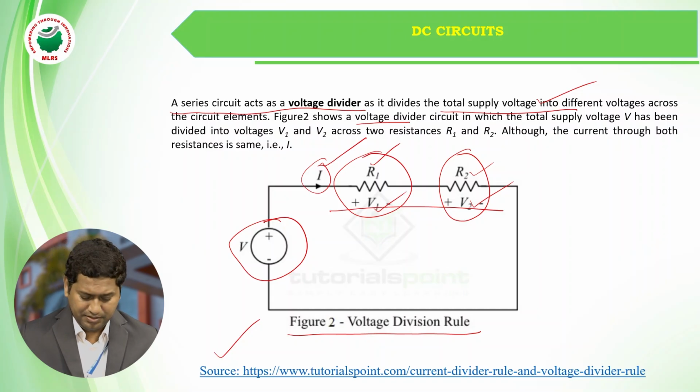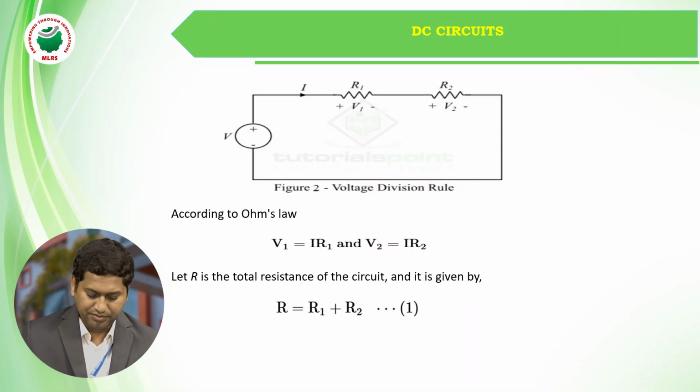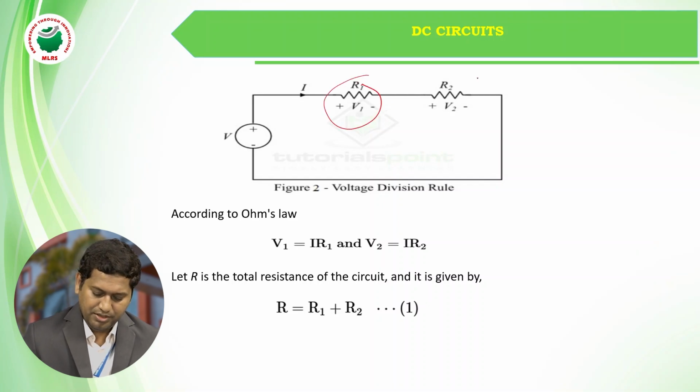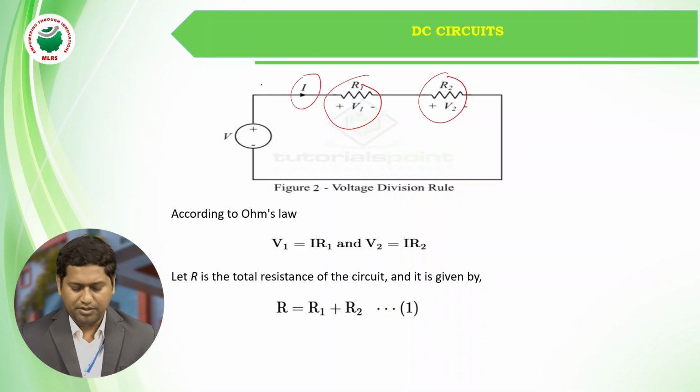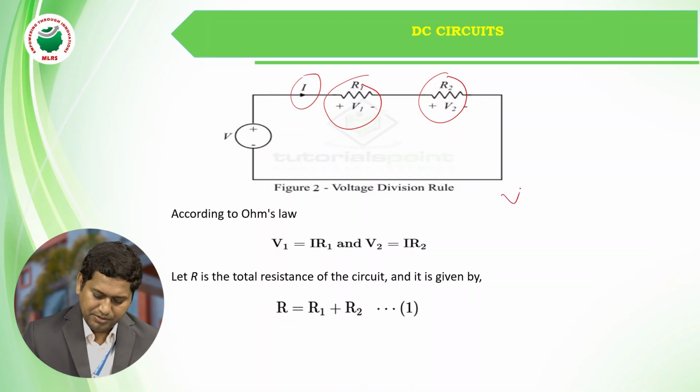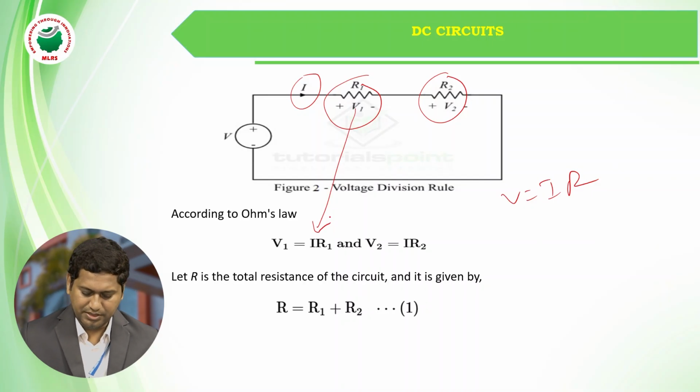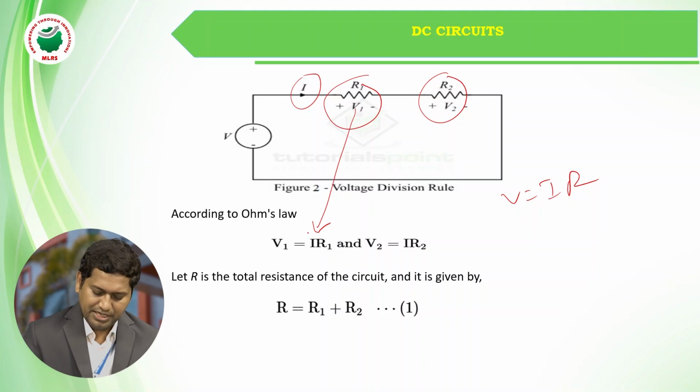According to Ohm's law, V equals IR. With respect to the first resistor, V1 is equal to I into R1.